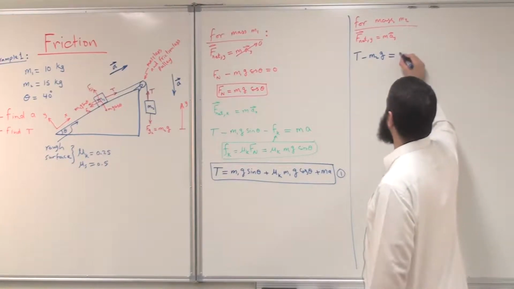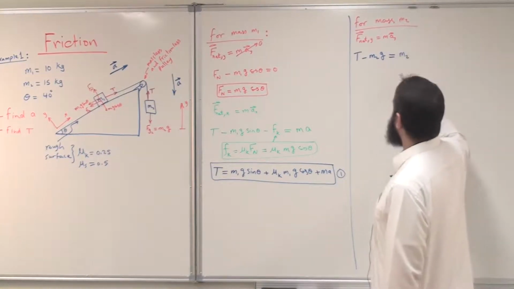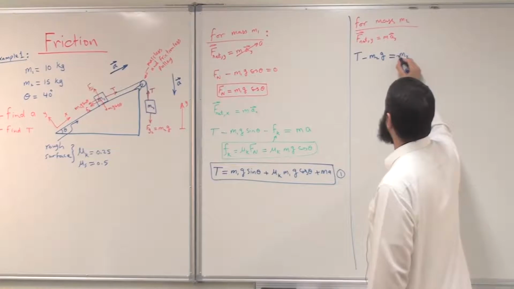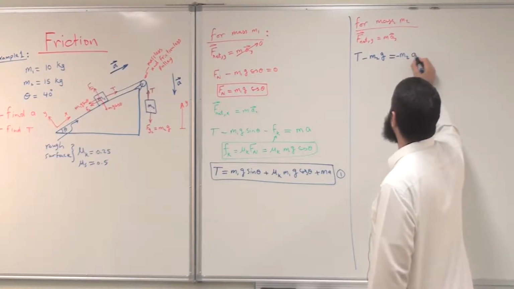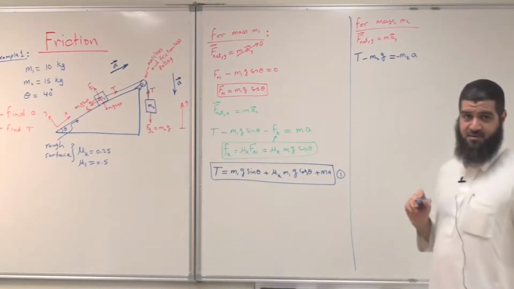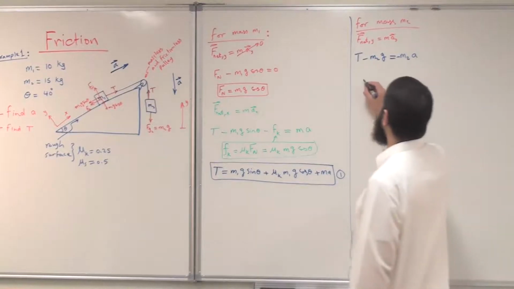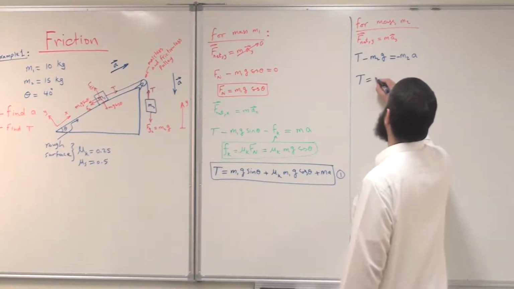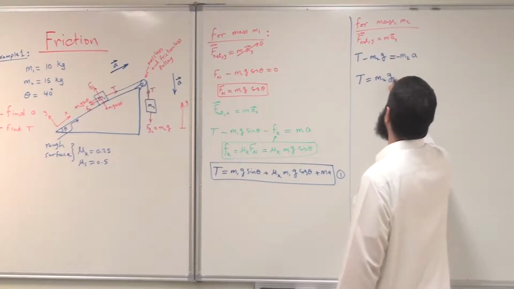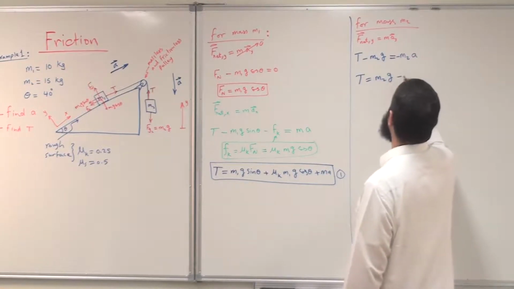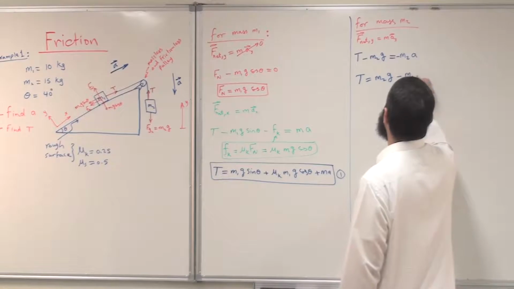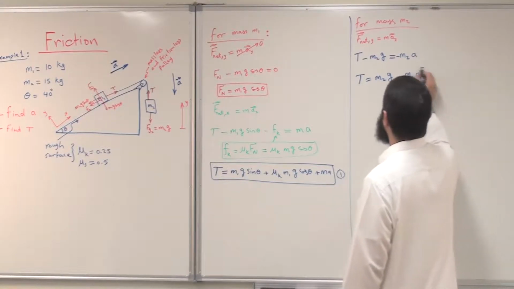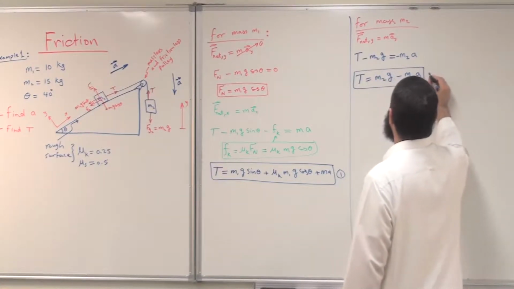The mass is m2, and the acceleration is in the negative direction, downward, so it is minus m2 a. So I can write here that tension equals m2 g minus m2 a. And I call this equation number 2.